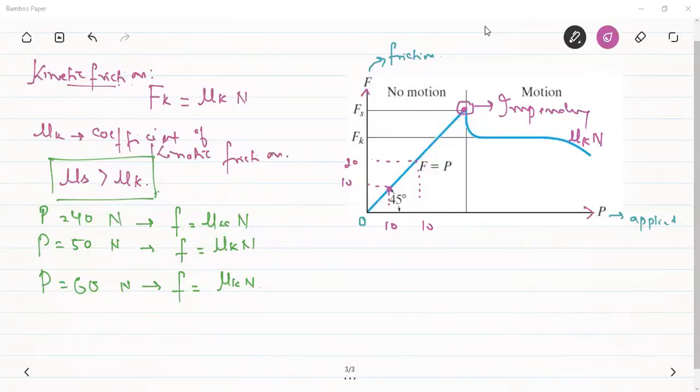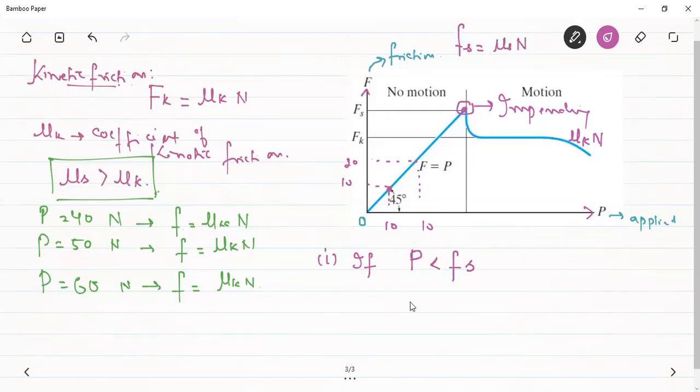So we can just summarize whatever we have learned in the 3 points. The first point is that if the force applied is less than the limiting value of the static friction, you can see that the limiting value of the static friction is equal to mu sn.